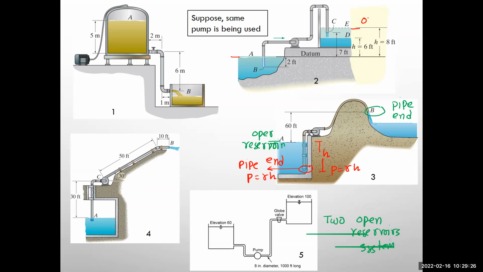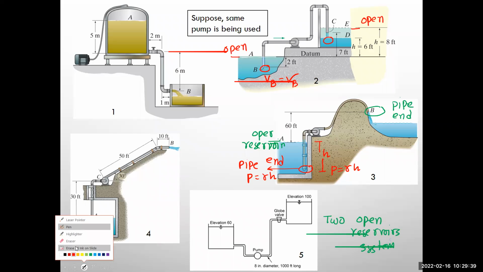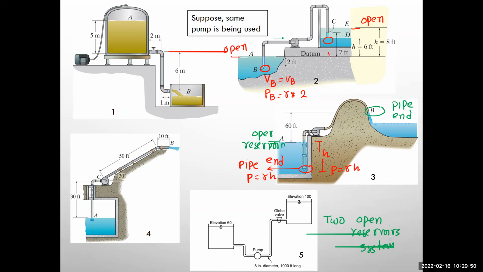E, those are open, but at this point, you have velocity, you have some pressure. So you have velocity at D, you have PD, something like that.